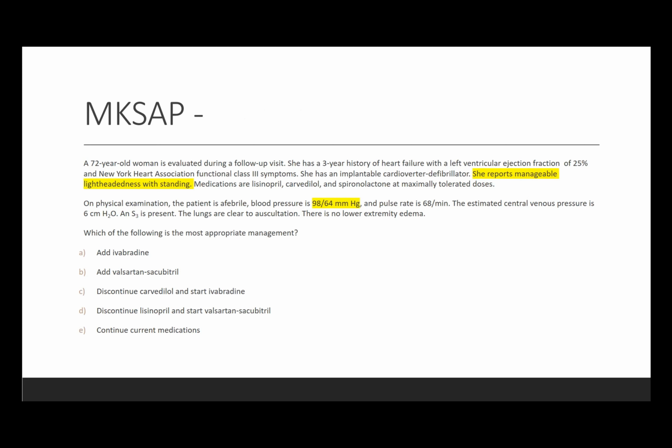In that first sentence, she reports manageable lightheadedness with standing, and they gave you somewhat of hypotension, 98/64. For your exams, I know boards are 2 years away for you guys, but the answer for this one would be continue current medications. I personally, when I did this question for myself, also chose D, but this was a tough question for me also. So I thought it's a good one to discuss.